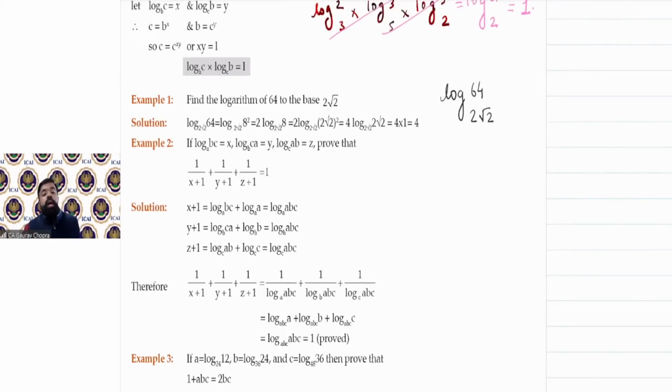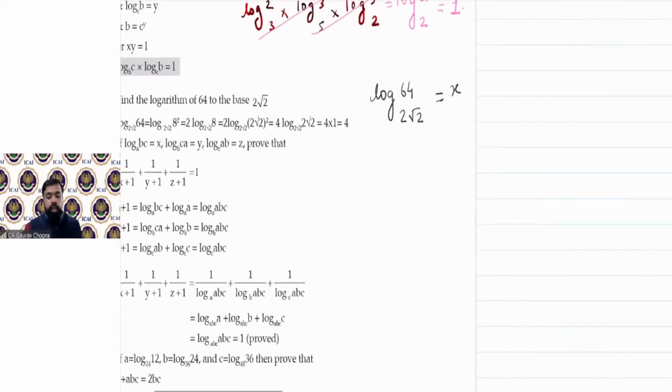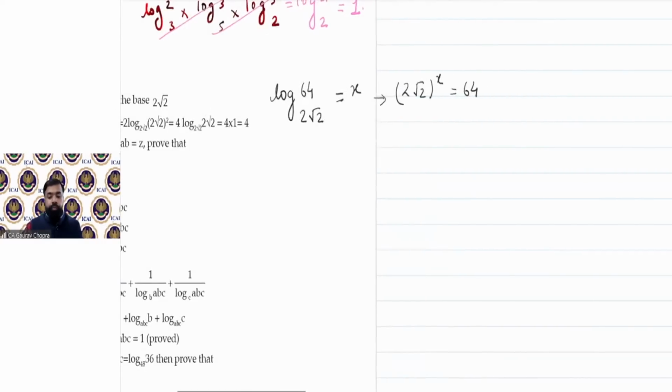Those who are having doubt in example number 2 can understand this once again. So we are equating it to x. Now let us convert this. So it will be 2 root 2 to the power of x is equal to 64. Now write the factors of 64. So you can write 2 to the power of 6 directly.